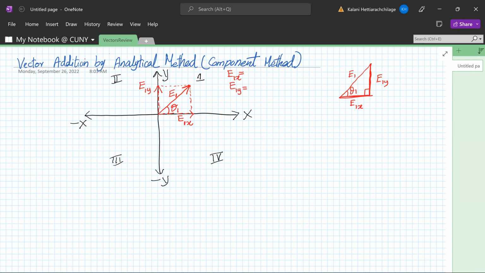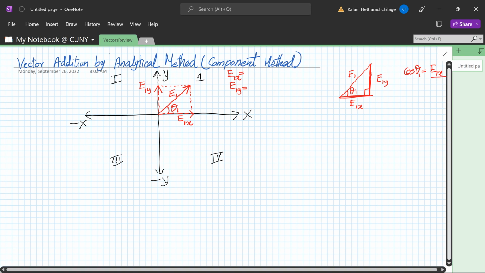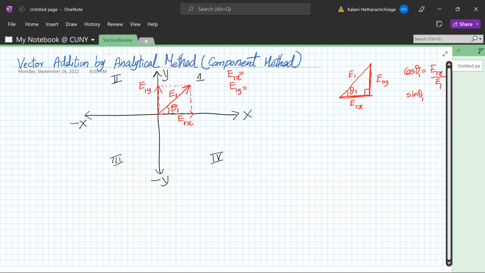After you know that, the adjacent comes from cosine of theta 1 equal to the adjacent over the hypotenuse, that means E1x divided by E1. Similarly, sine of theta 1 is equal to E1y over E1.